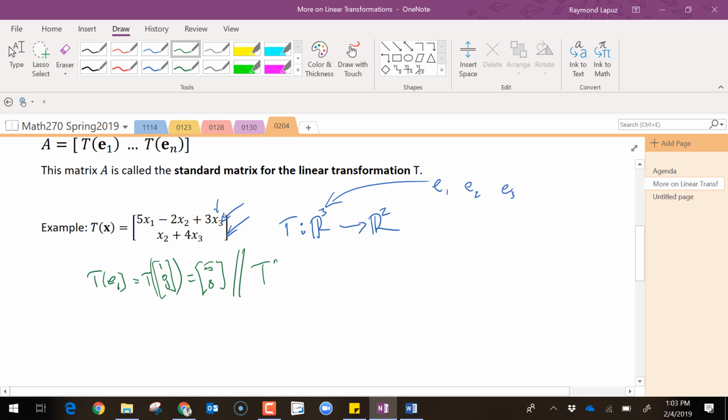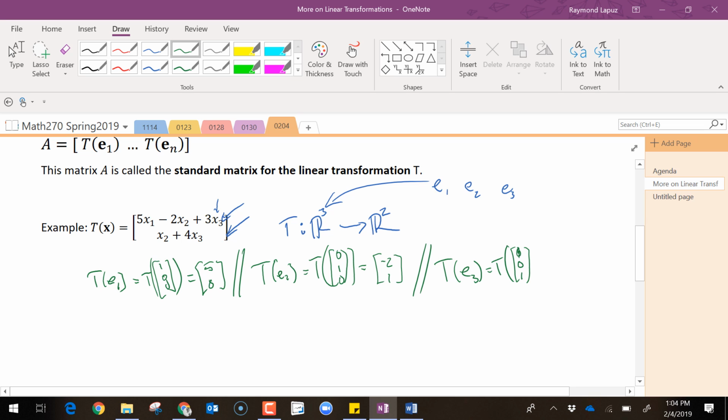The second one, T of E2, is going to be T of 0, 1, 0. And so this is going to give me 0 for x1, x2 is going to be 1, and x3 is going to be 0. So this is going to give me -2, and this is going to give me 1 plus 0. So it's going to give me -2, 1 as my vector, right? And then the last one, T of E3, is going to be T of 0, 0, 1.